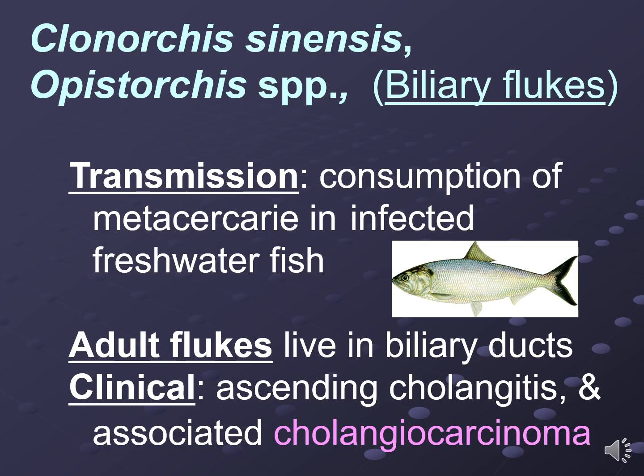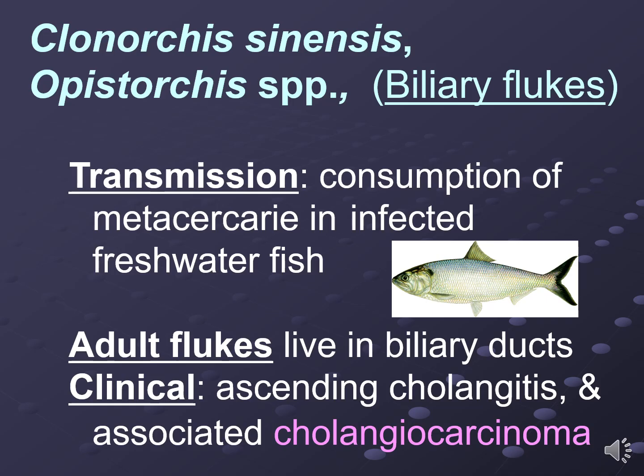Those cercaria go in between the scales of the fish, and there they round up on themselves to develop into metacercaria. Upon ingestion of those fish, if they are raw, not cooked, people may get infected.